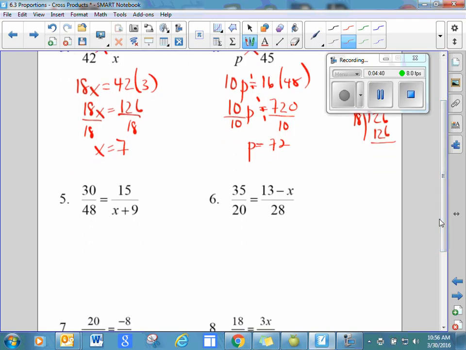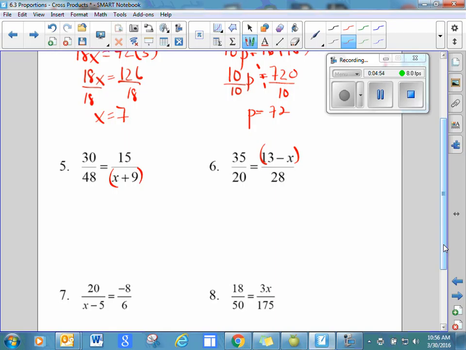All right, these get a little trickier. When you have something attached to the x, put parentheses around your term, because we are going to use our friend distribution when we're doing our cross products.